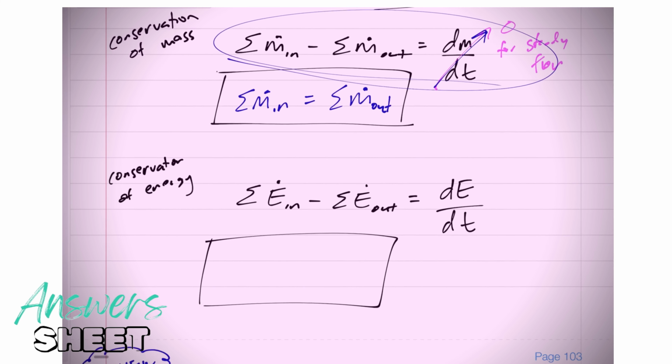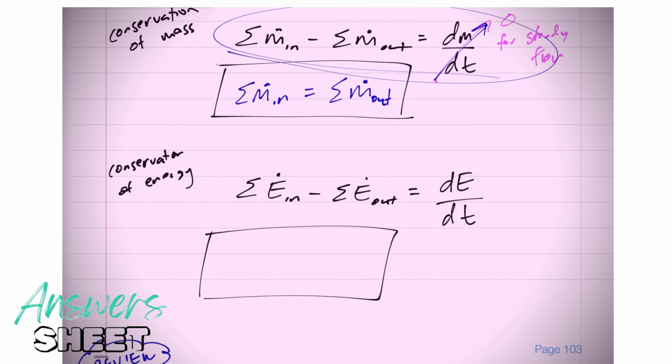Same thing with conservation of energy. The change in energy over time, not the change in energy from the inlet to the outlet, but the change in energy after an hour, after 2 hours, after 4 hours, is zero for steady flow devices.